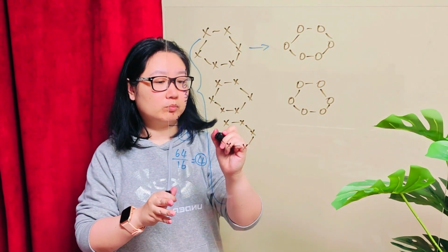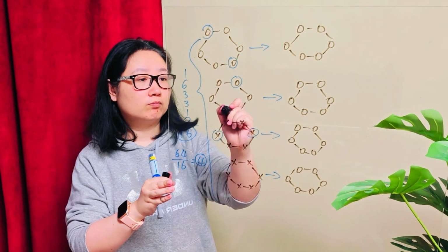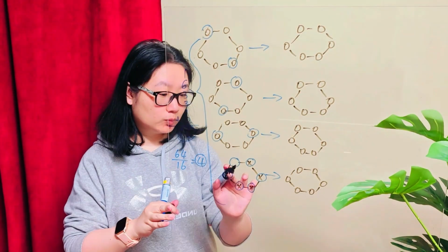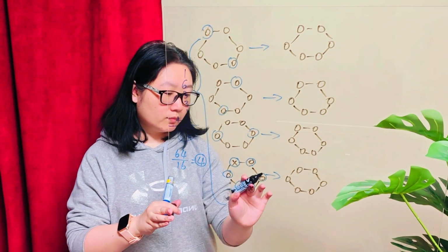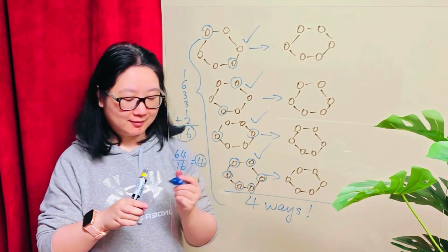That means we should have 4 sets of switches for every pattern. Whew, math makes sense again.